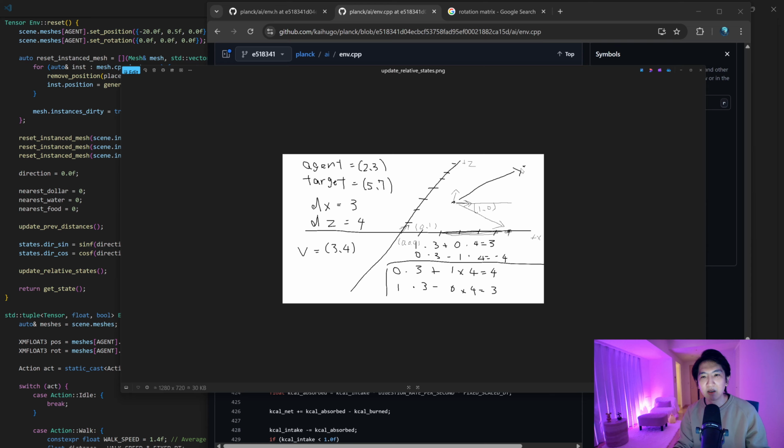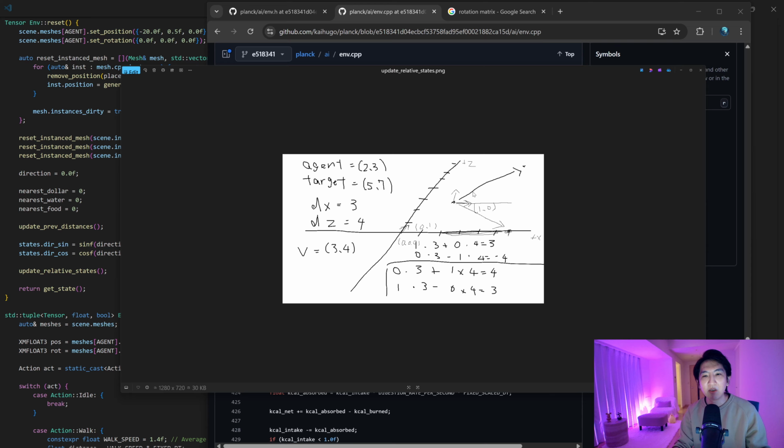Maybe the target and his position might be different, but as long as his direction never changes, it will be like this, where the relative distances are quite relative to him. The dx is always the amount of units he has to move to the right, and same goes for dz. So it's fine, but like I said, he rotates.